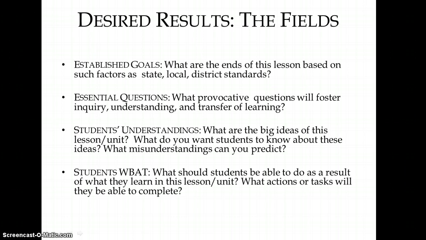So for our purposes, you're going to lift the established goals right off of the Colorado Academic Standards. Essential questions indicate the kind of provocative inquiry that will foster critical understanding and transfer of learning. Remember our discussion about understanding and knowledge. Students' understandings indicate the big ideas of the lesson and ultimately of the unit.